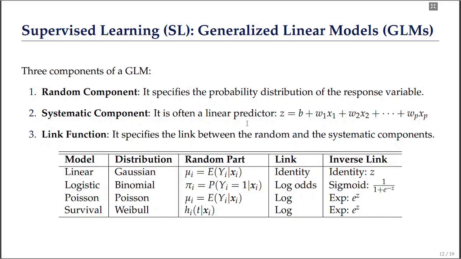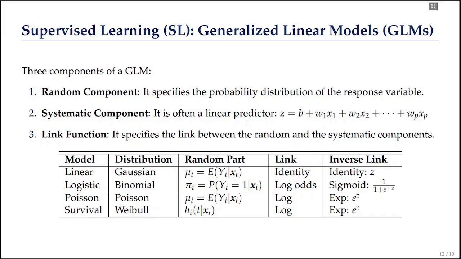In the logistic regression model, specifically the binary logistic regression model, the distribution is binomial, and the random component is the probability of success, or the probability of the outcome in which we are interested. This probability is going to be equated with the linear predictor.